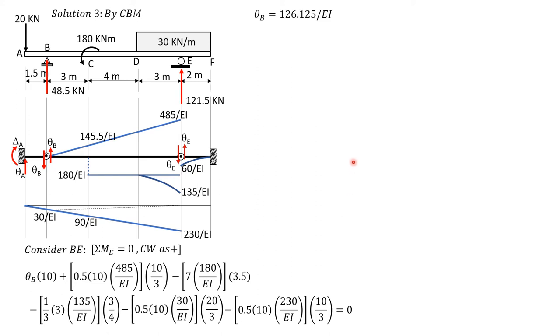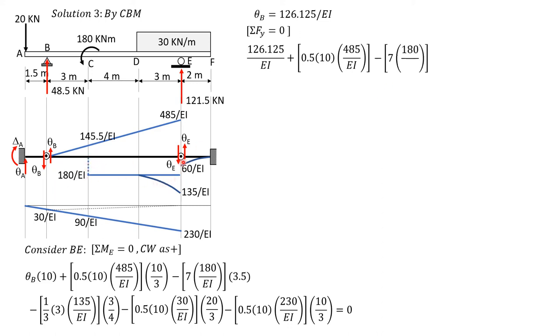Then summation of forces Y equals 0. Let's solve theta E in advance for the deflection and slope at F later. So summation of forces Y equals 0. We have theta B, which is 126.125 over EI plus 0.5 of 10 times 485 over EI, then minus 7 times 180 over EI, minus this spandrel, 1/3 of 3 times 135 over EI, then minus this trapezoid.